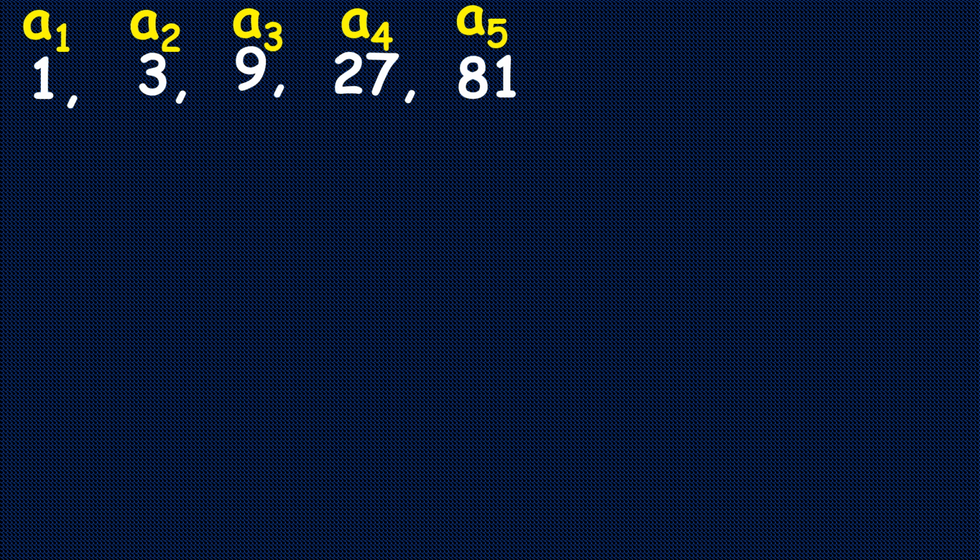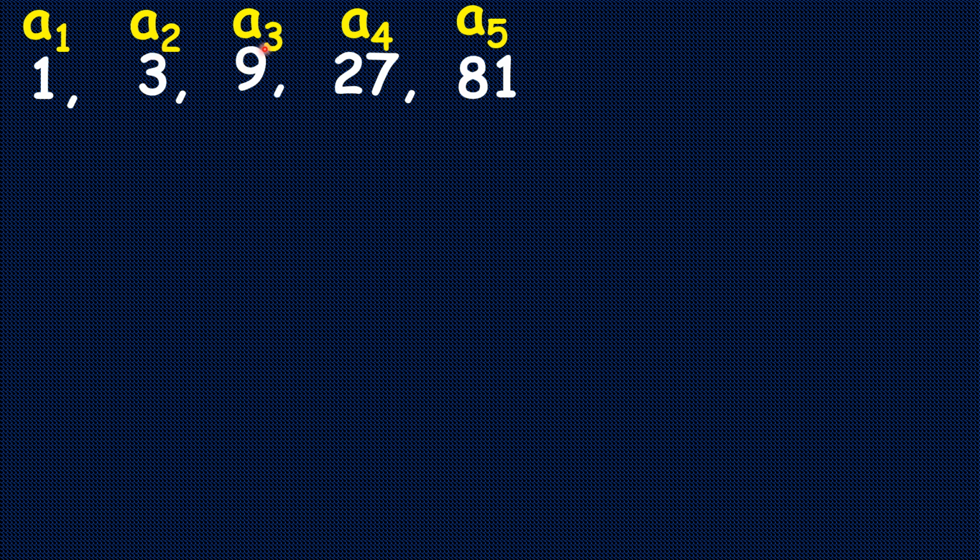So in this particular term, A1, n is equal to 1 because that is the first term. In this particular one, n is 2, that is term 2.